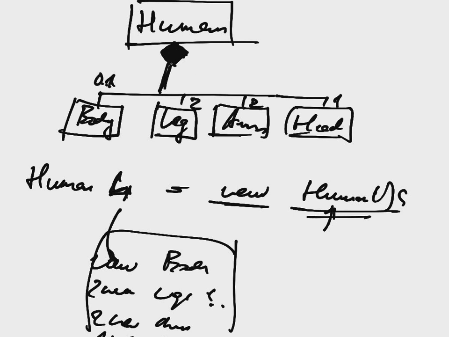Again, object inside object in a formal way would be: an instance of human has an instance of body inside it, an instance of legs, two instances of leg inside, two instances of arms inside it, and one instance of head inside it. So that's about these essential parts, or this is the composite structure of that.